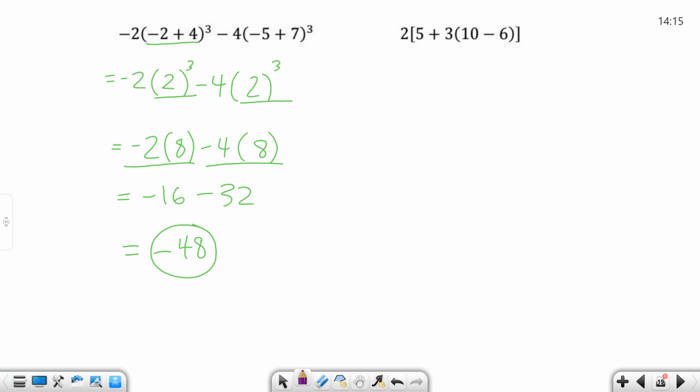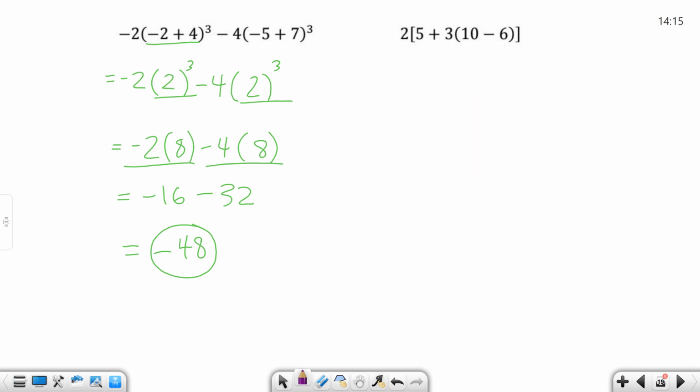2, and then a bracket, 5 plus 3, parentheses, 10 minus 6, close parentheses, close bracket. I use brackets and parentheses, and they mean the same thing. Sometimes people just use parentheses inside parentheses. A bracket is a parenthesis. It's the same thing.